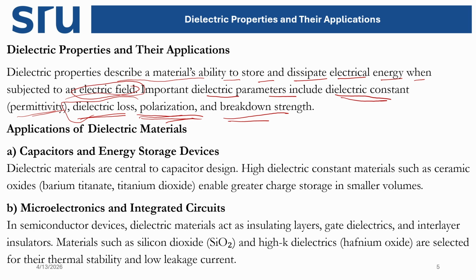So polarization should take place in the dielectric substance in the presence of the electric field. And breakdown strength means the conditions at which the molecules degrade, that is the breakdown strength of the compound. These parameters are analyzed when we use the material in different applications.